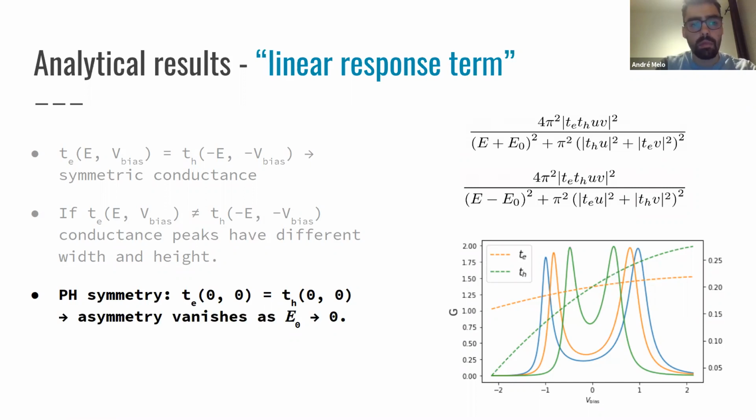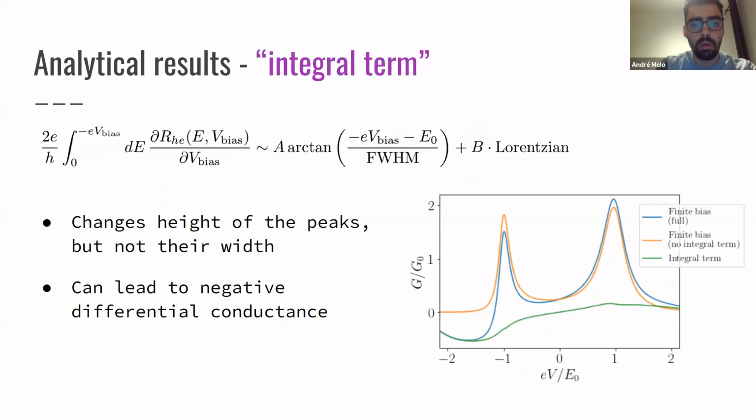All right. So finally, we can also compute the integral term. And to compute this, I obviously won't go through the math here, but the only assumption basically is that the tunneling rates vary slowly across the conductance resonance.